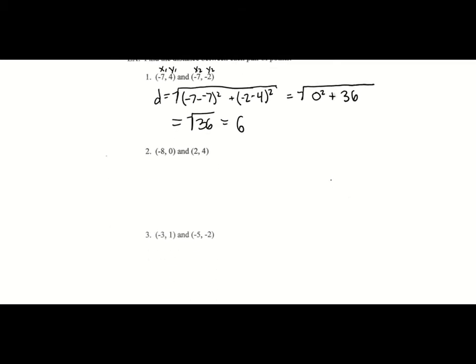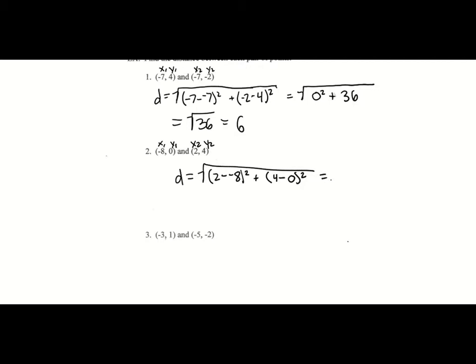Okay, let's look at the second one. Again, I'm going to label x1, y1, x2, y2, and plug them into my distance formula. I get d equals the square root of my x2, which is 2, minus -8 squared, plus y2, which is 4, minus y1 squared.